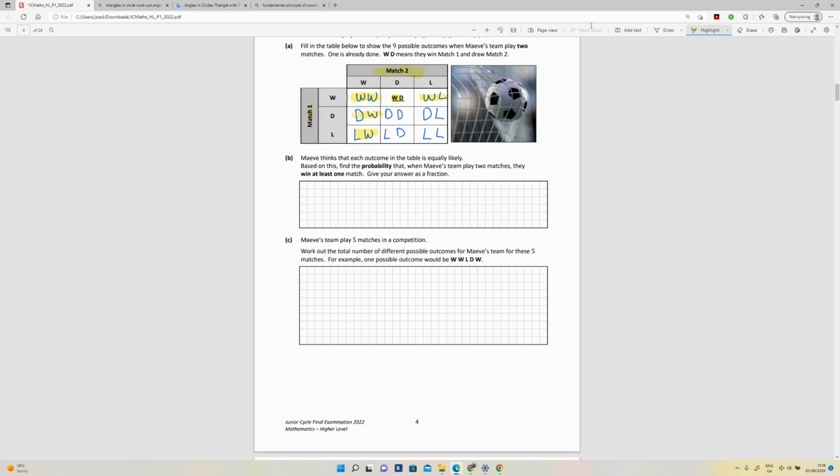So these are the 5 outcomes where we had at least 1 win. In one case we had 2 wins, but they're looking for at least 1.